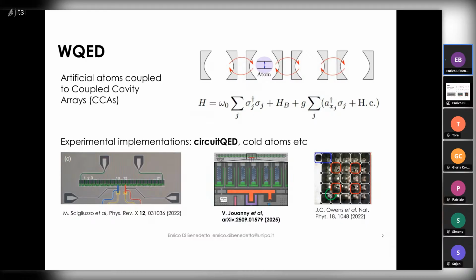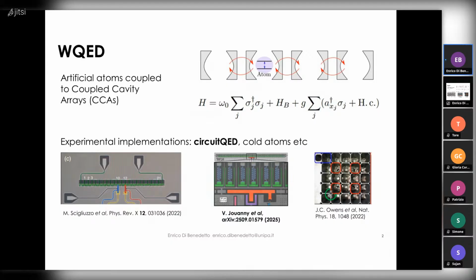Although these kinds of systems might seem very simple or also very artificial from some viewpoint, there is actually extensive literature in experiments on how to implement these systems with circuits, with cold atoms, and so on.